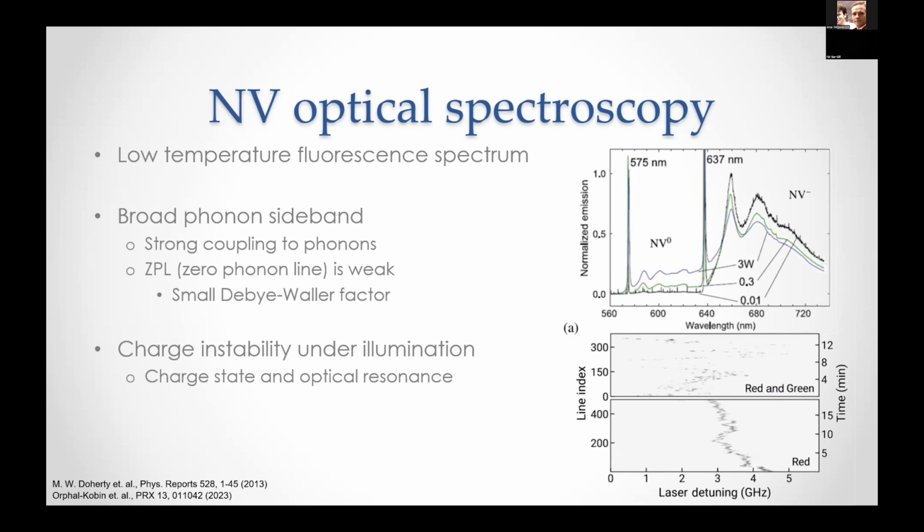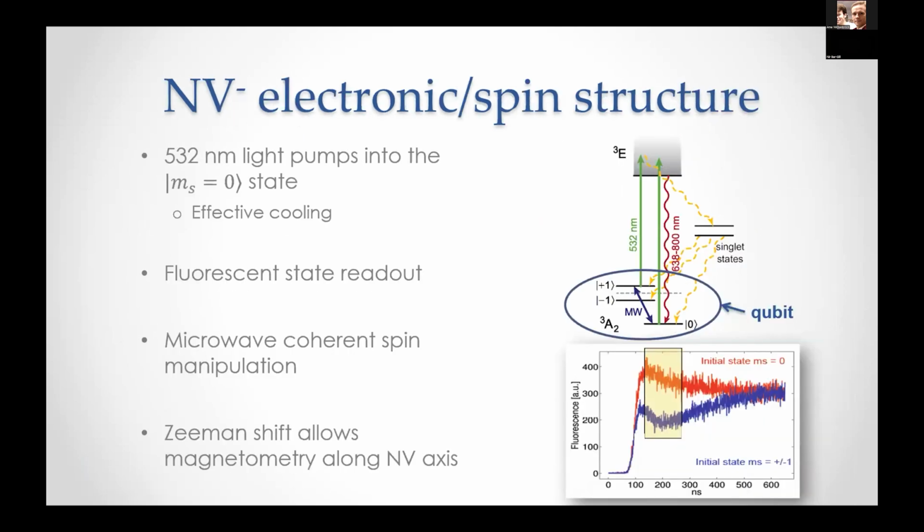Okay, so I think I want to now switch gears. After I've introduced to you the electronic structure of the NV minus, both ground and excited state, let me focus on the simple stuff: room temperature, ground state, spin degree of freedom.